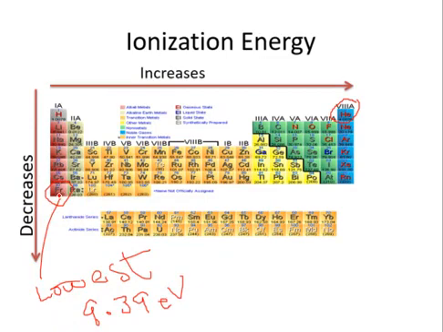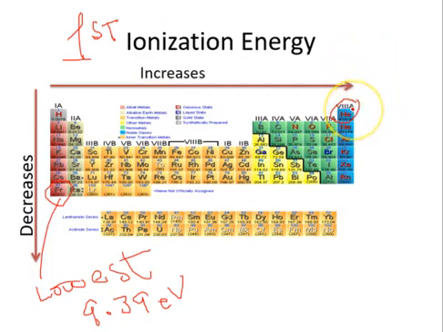Let me be clear, there's lots of ionization energies, and in this class, we're only actually going to be talking about first ionization energy. Every electron has its own ionization energy. So there's the amount of energy needed to take away that 87th electron. There's a different amount of energy needed to take away the 86th one and the 85th one. But we're only going to be talking about first ionization energy, which means the amount of energy needed to take away the outermost electron.